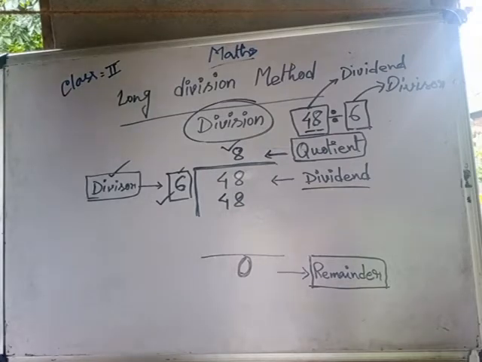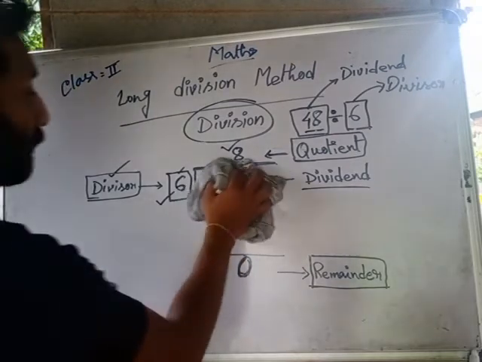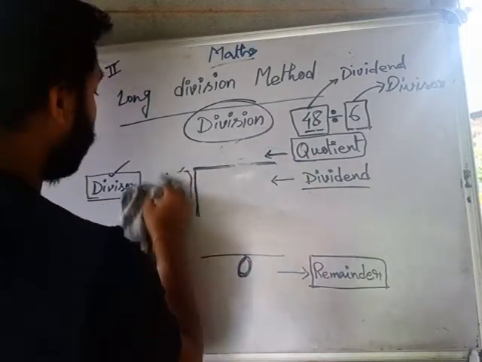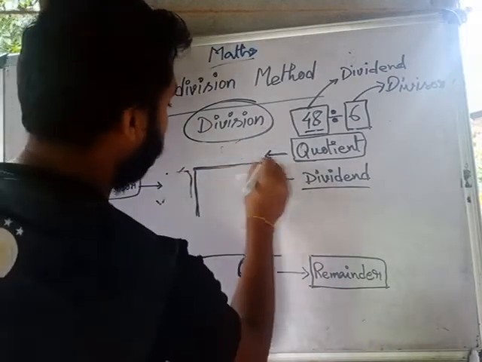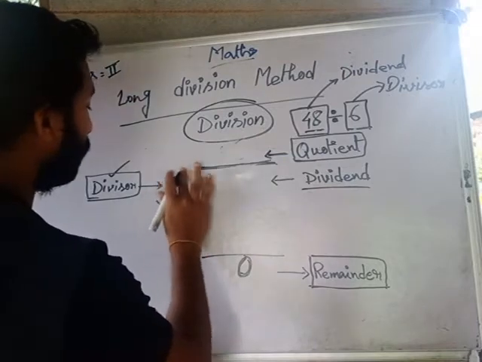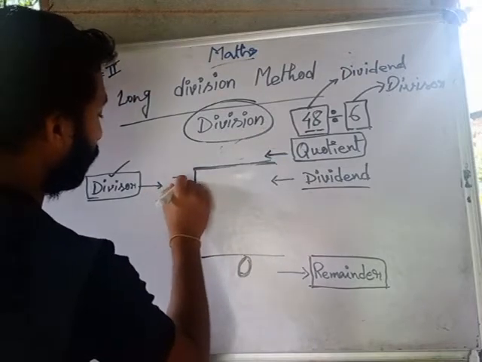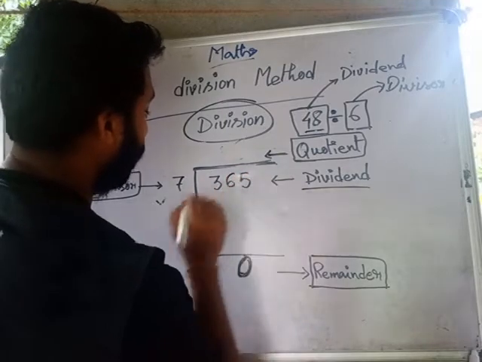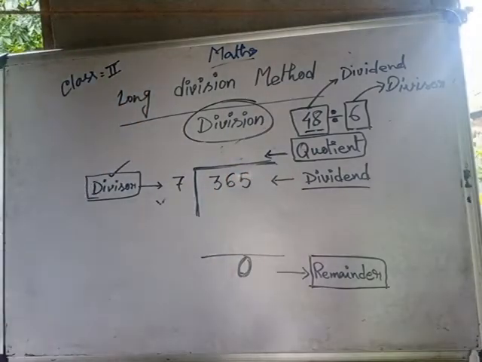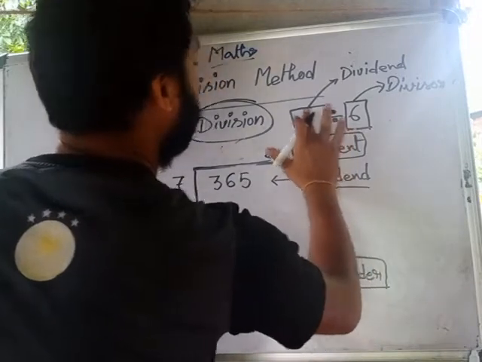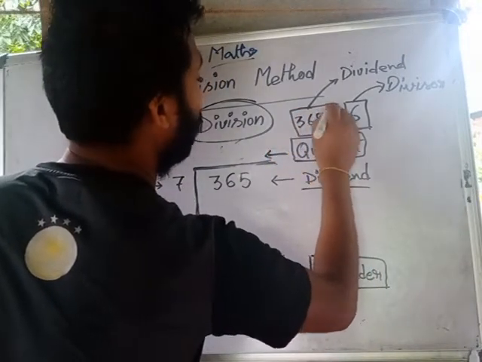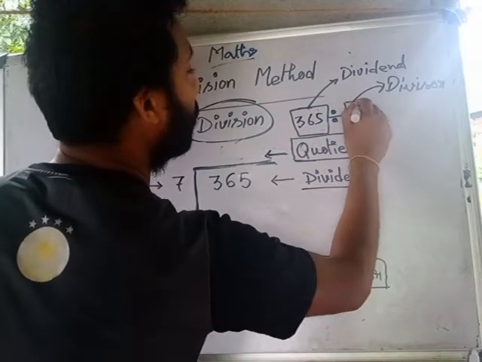Okay, so suppose it is 365 divided by 7.